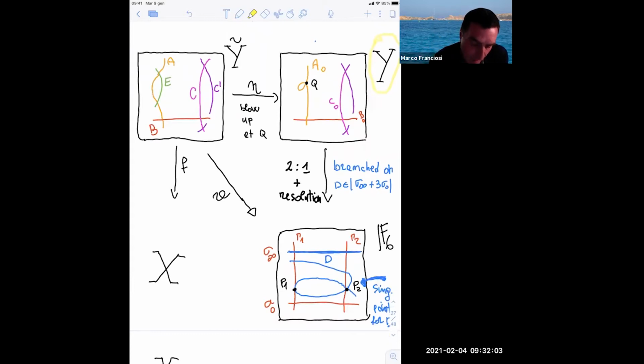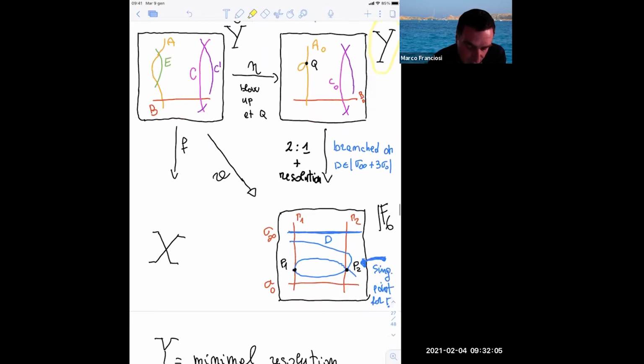We have a branched covering over this curve D in sigma infinity plus 3 sigma 0, with a singular point here. This singular point here gives us these two copies of rational curves giving an I2 fiber.